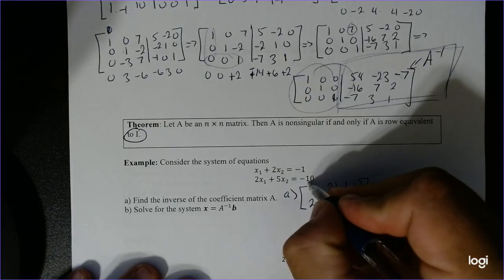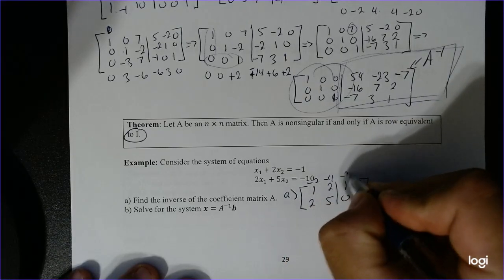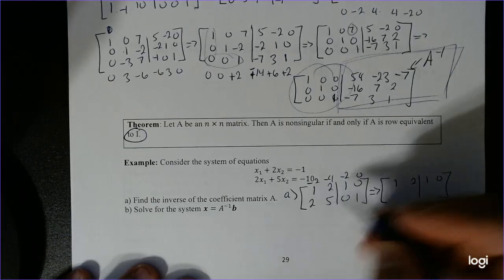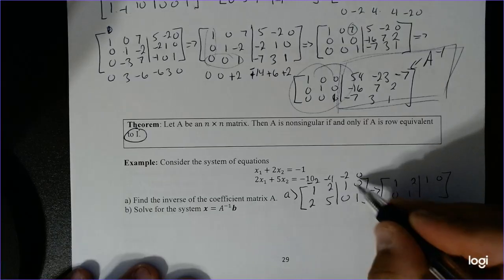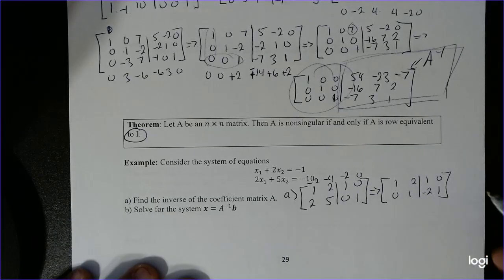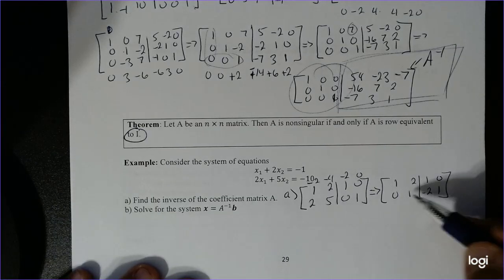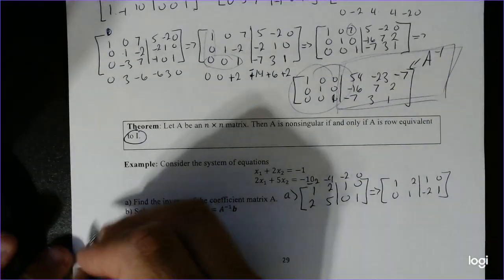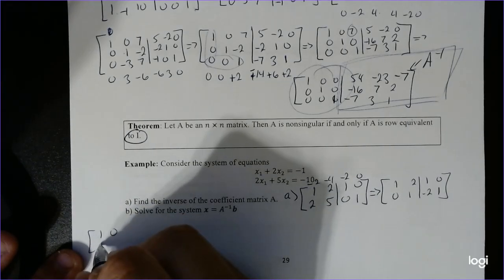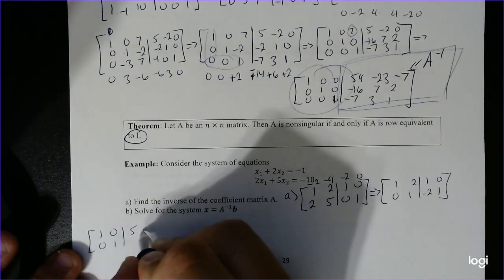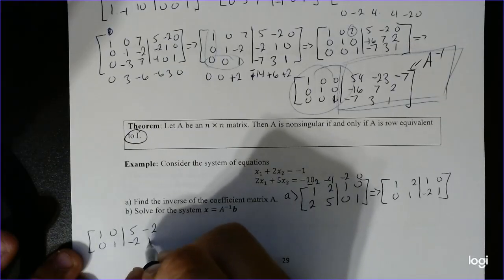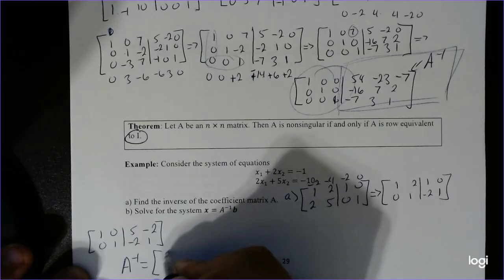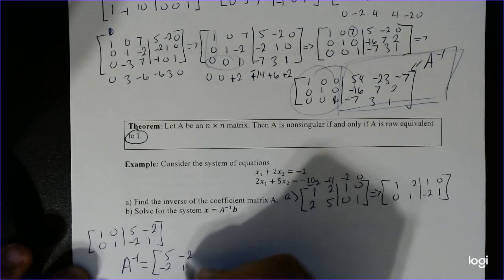All right, so multiply this by -2. And multiply this by -2 and add it together, and we have our answer. So our A inverse will be the matrix 5, -2, -2, 1.